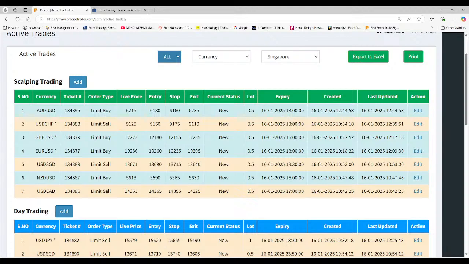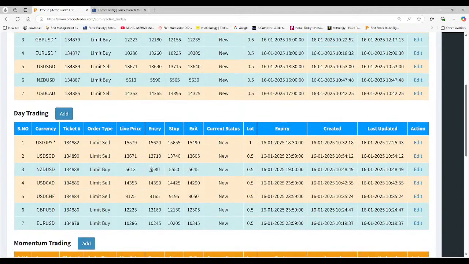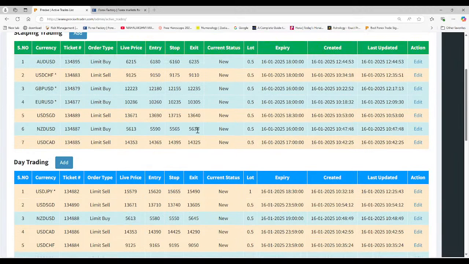Since the market is showing some weakness, we have one more selling at 143.90. So what we can do, I think we have to revise this.